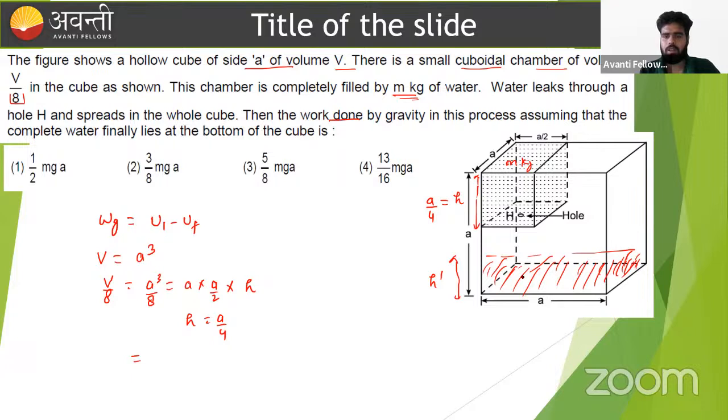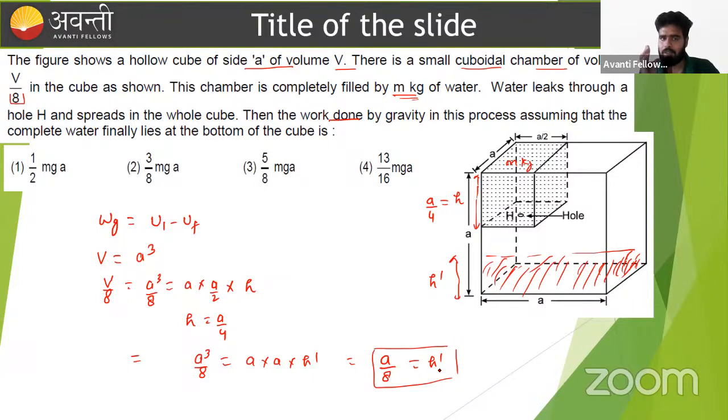We know that the total volume that comes in this zone, the total volume is conserved here, that is A cube upon 8. This can be written here as A into A into the new height, that is A upon 8. That is the total height when the water is distributed on the cubical floor.